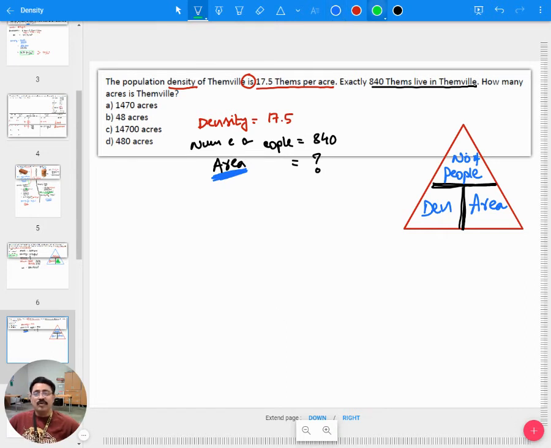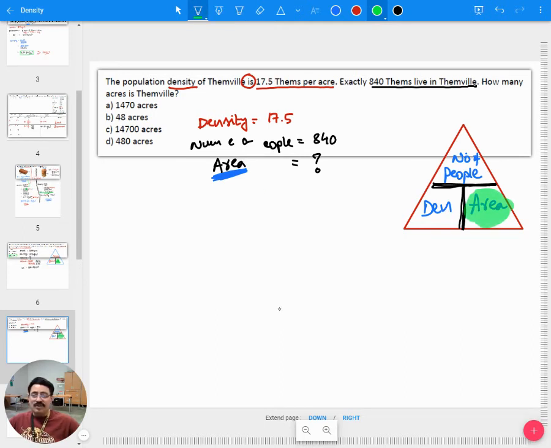As I mentioned before, you may draw the magic triangle, then hide with your finger whatever is to be computed, and just unclose that. So here, I have to find the area. Okay, so area equals number of people divided by density.